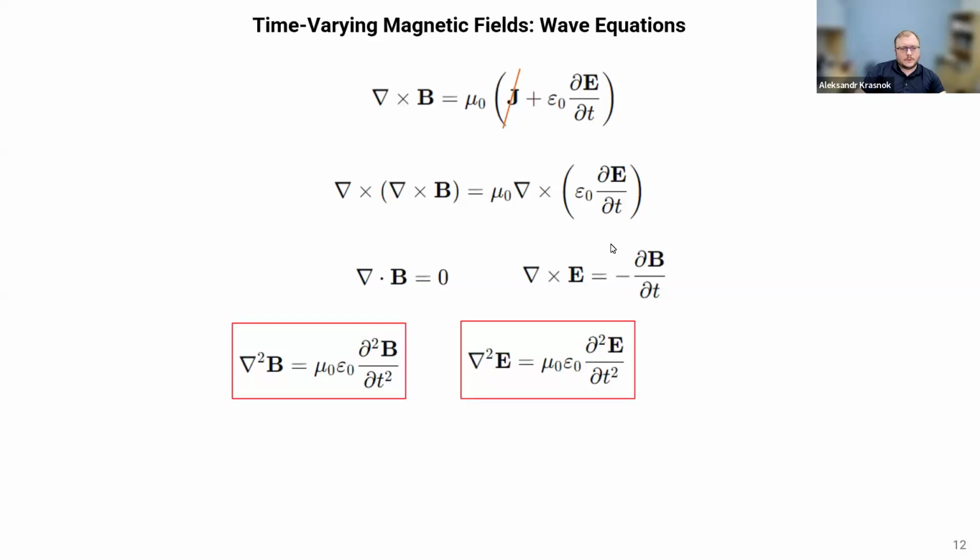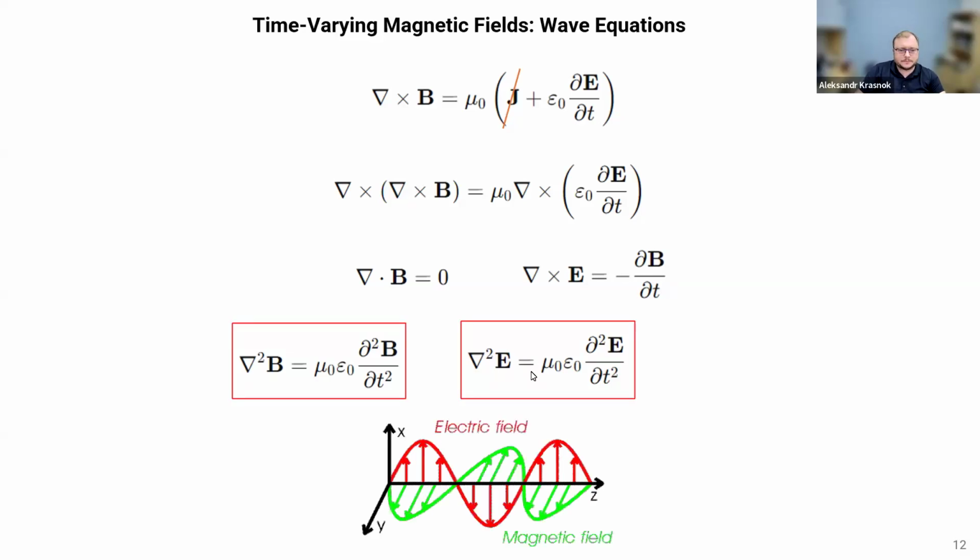Starting from the second equation for the curl of electric field, also taking the curl of it and following the same procedure, you will come to the same result for the electric field. So the electric field also satisfies this wave equation, and they are essentially the same.